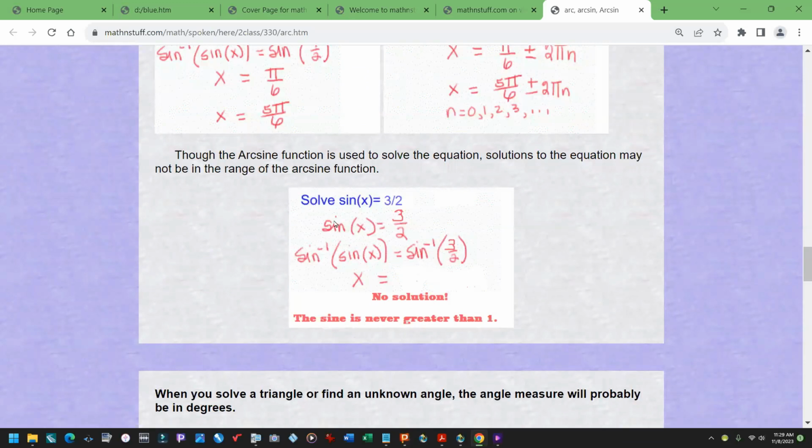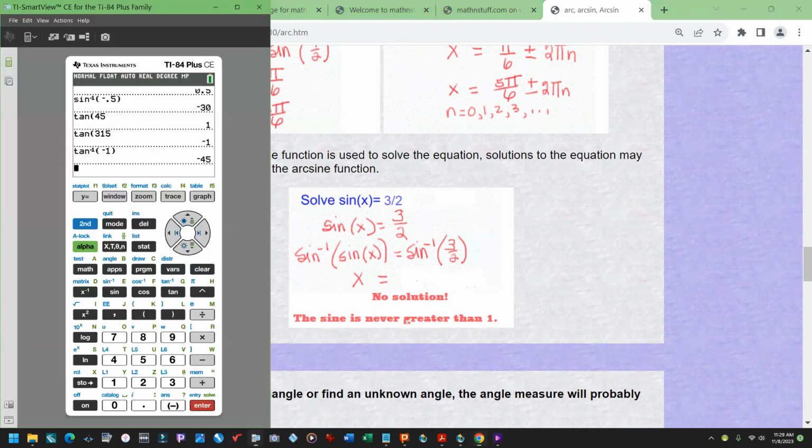However, if you try and find the angle whose sine is 3/2, let's see what the calculator does. Let's find the angle whose sine is 3/2.